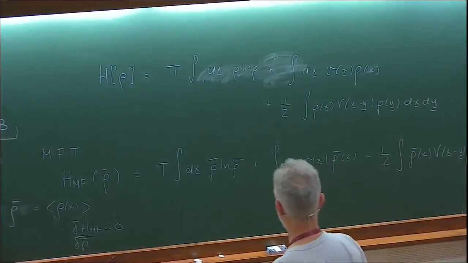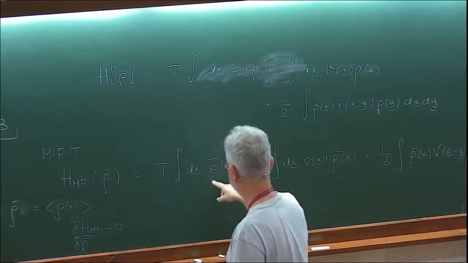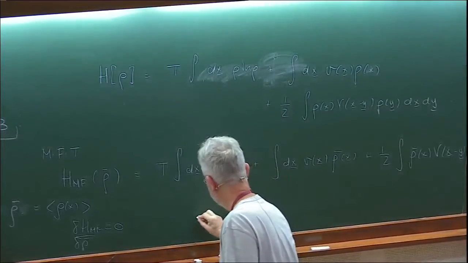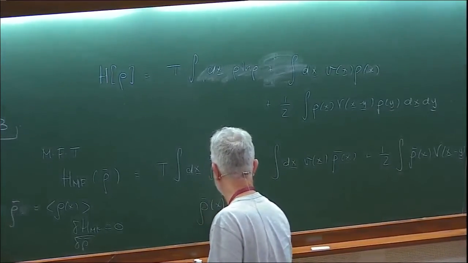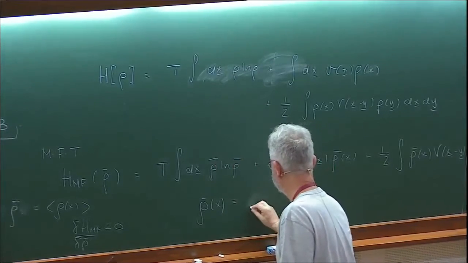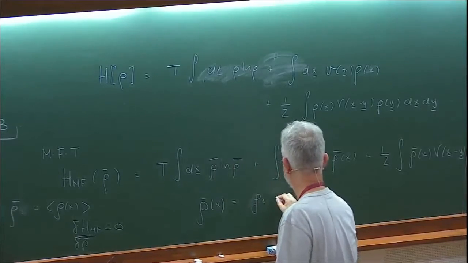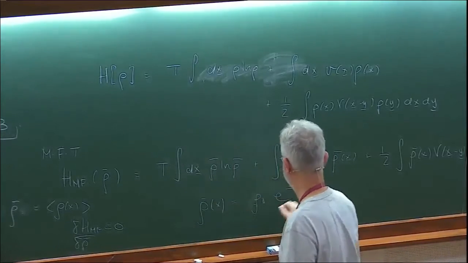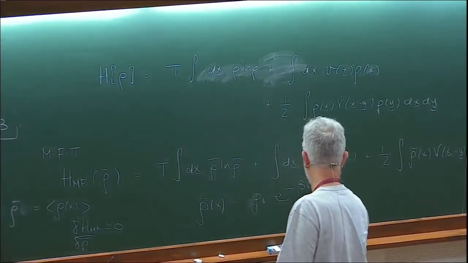So if I minimize this, I'll do it quickly, you get an equation that looks like rho bar of x is equal to some constant rho 0 times e to the minus beta v of x.